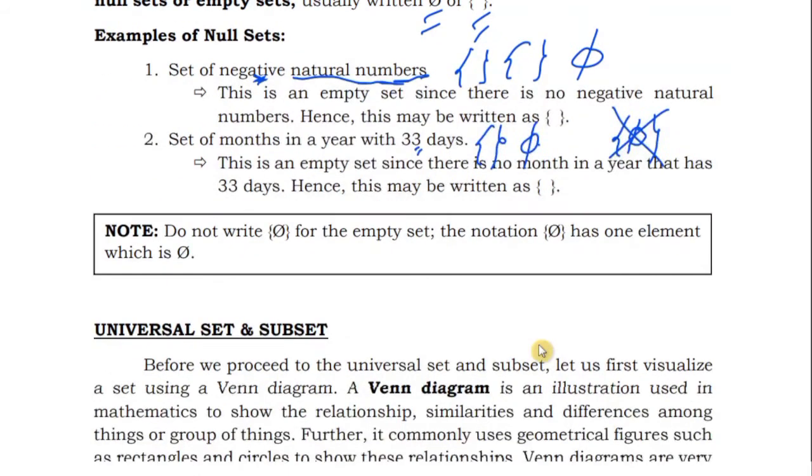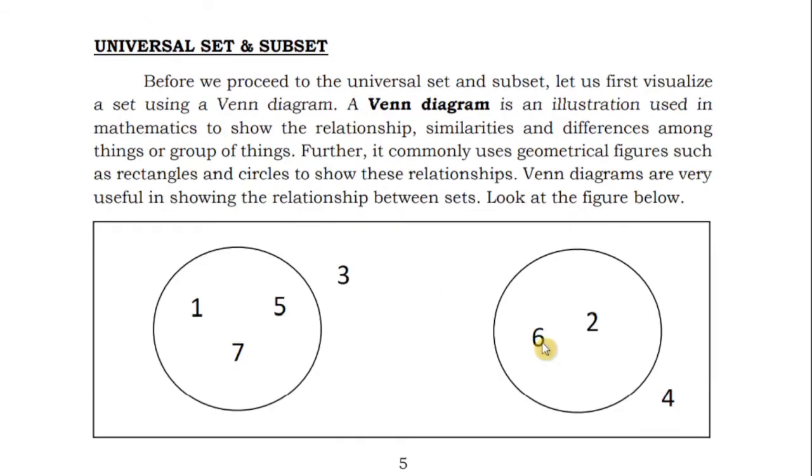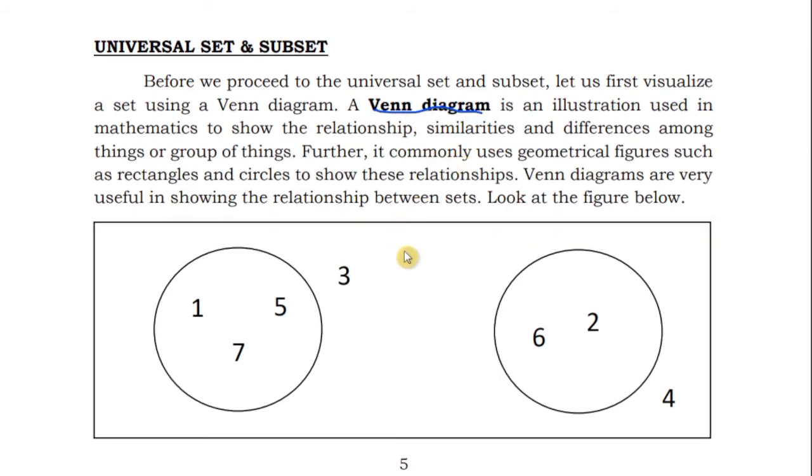Okay? We also have the universal set and subset. But before that, we're going to understand what the Venn diagram is. A Venn diagram is a rectangular plane, this rectangular shape here.